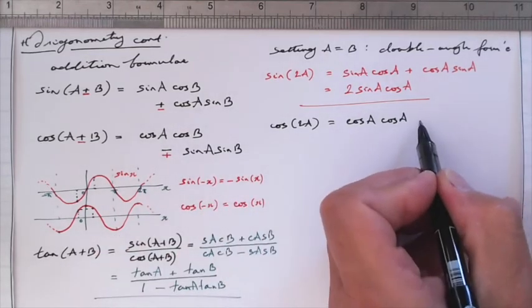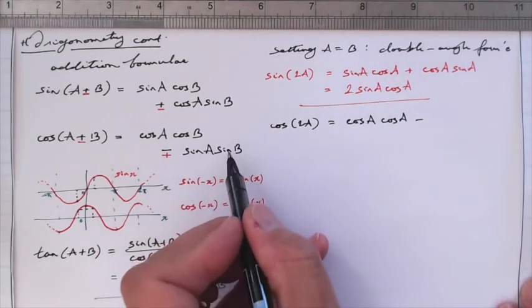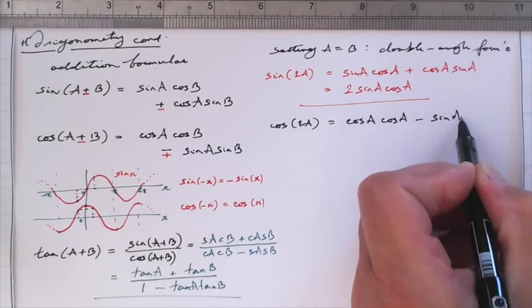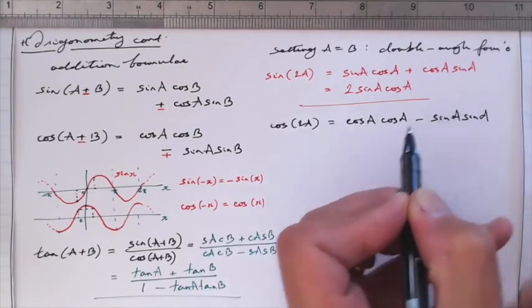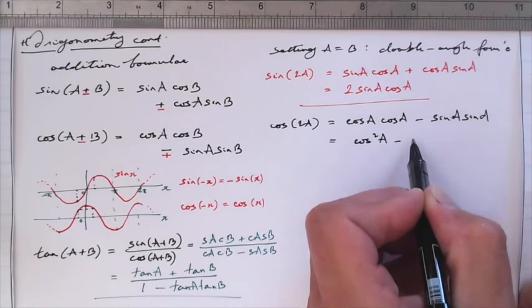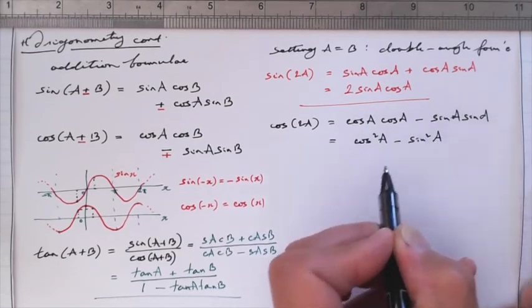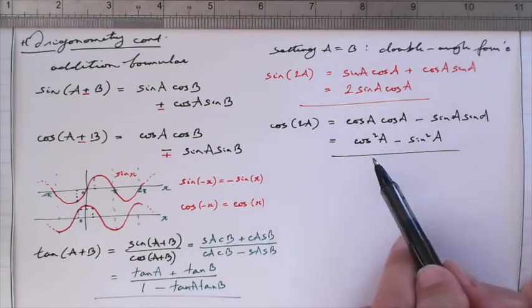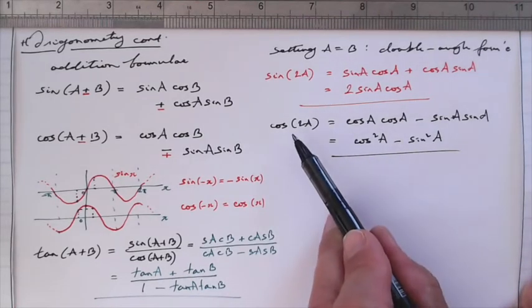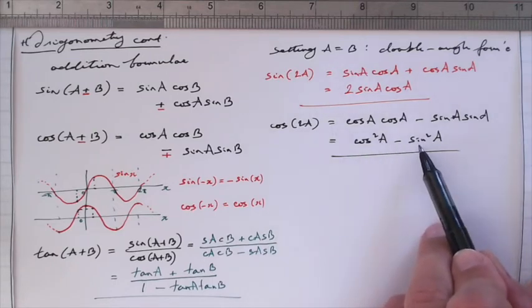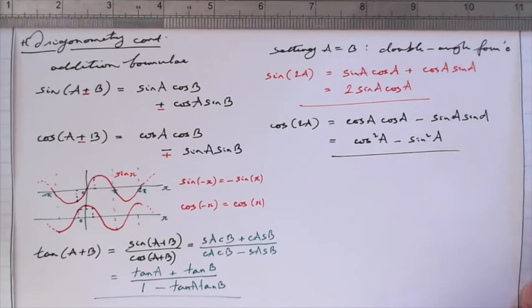Don't forget the sign, it's negative, and then I have sine a times sine b. b is a, so this is sine a times sine a. So obviously we would write this as cosine squared of a minus sine squared of a, and that is one expression of the double angle formula for cosine. So cosine of twice an angle is cosine squared of that angle, take away sine squared of that angle. Very nice.